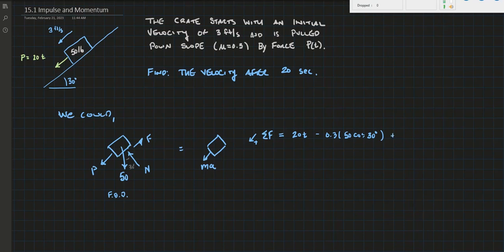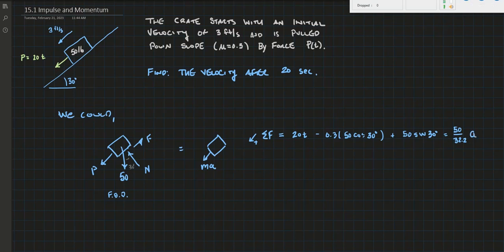But then finally, we also have a force due to weight pushing down this slope of 50 sine of 30 degrees. And all these things equal our mass, which is 50 pounds divided by 32.2, times our acceleration.